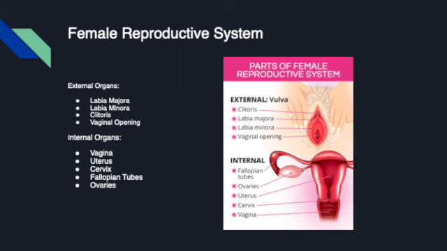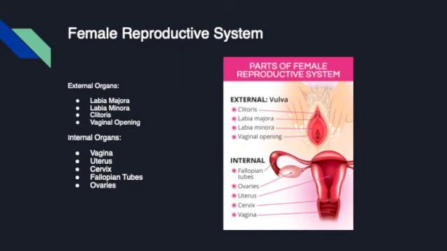The external organs include the labia majora, which are two large folds of skin that protect the other external reproductive organs and the urethral and vaginal openings. The second is the labia minora, which are two smaller folds of skin located inside the labia majora that protect the clitoris, vaginal opening, and the urethral opening.